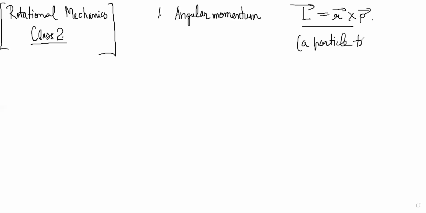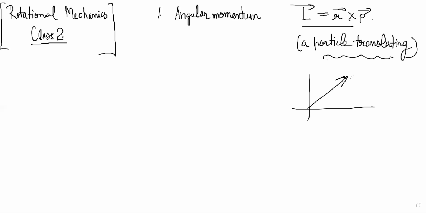When we are writing it as R cross P, you have to know what is the R, the point from where you're measuring the R. So you have to write that vector properly. You are measuring right now angular momentum about point O. P is the momentum vector, so it is mv. So it will be a cross product of two terms. That is for a particle.